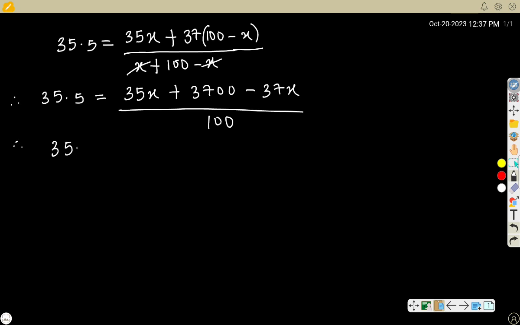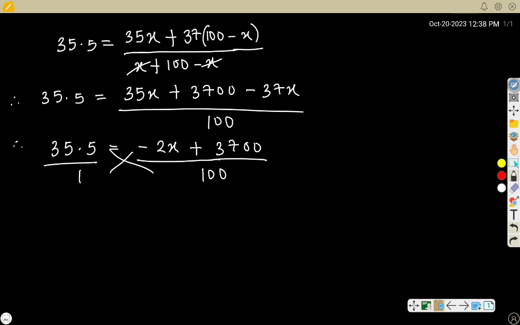So we have 35.5 equals 35X minus 37X, that will be minus 2X, plus 3700, everything divided by 100. This is over 1, so we can now cross multiply.